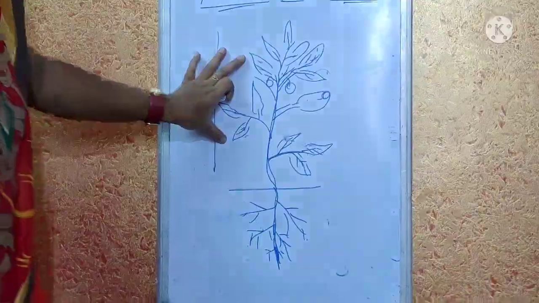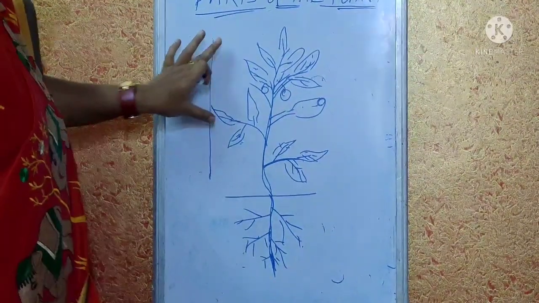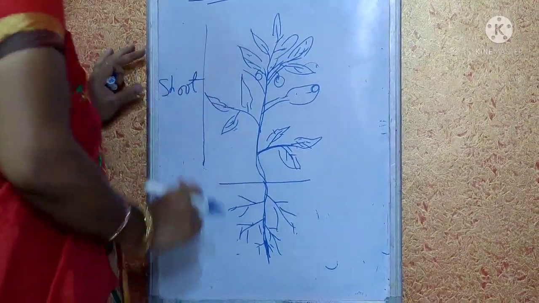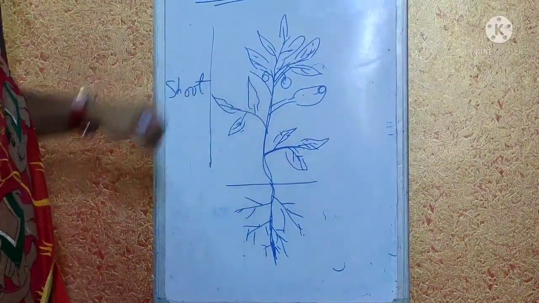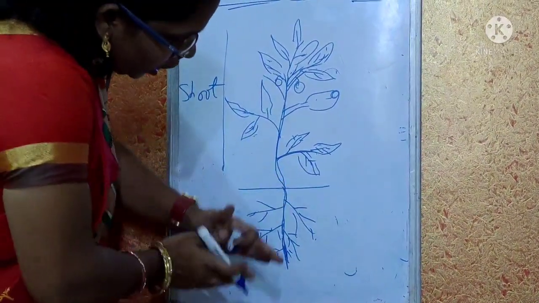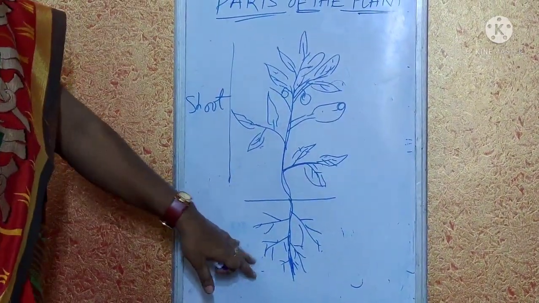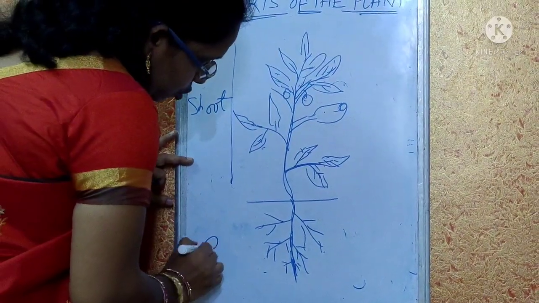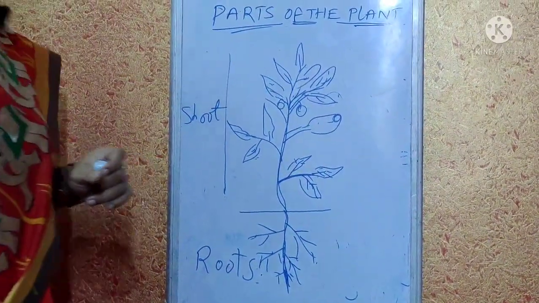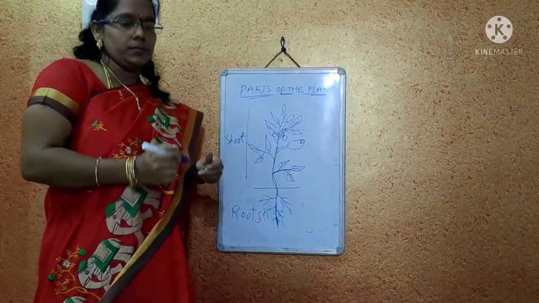Parts of the plant that are above the ground are called shoot. We can see them. Parts of the plant that are below the ground, we can't see them. This is roots. Okay, children? All of you draw the diagram.